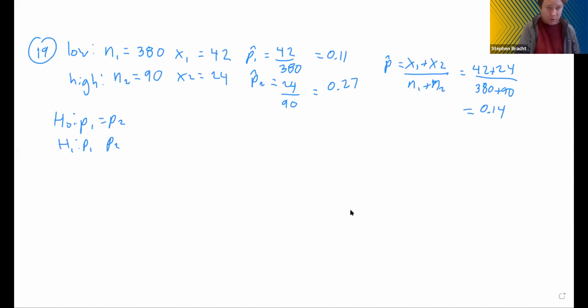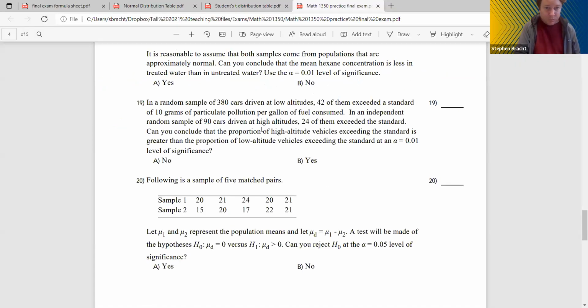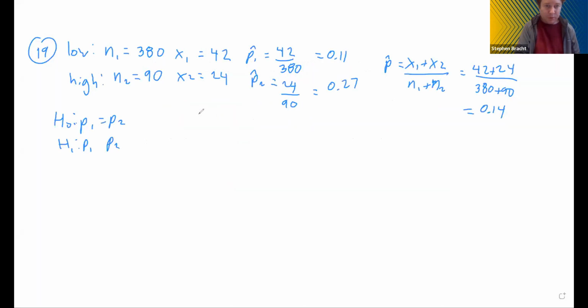I'm short on time, but can you conclude that the proportion of high altitude vehicles exceeding the standard is greater than the proportion of low altitudes, right? So because P2 represents high altitude and P1 low altitude, then this needs to be a left tail test, right? P2 greater than P1, or P1 less than P2.